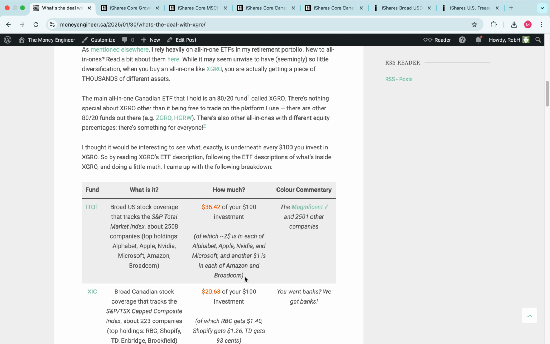So, you hear about the Magnificent Seven, you're excited about the Magnificent Seven, you're worried about the Magnificent Seven. Well, you got quite a bit of money in the Magnificent Seven when you buy XGRO. So, roughly, what is that? $2 here, so it's about $10 for every $100 that you invest in XGRO is going towards the Magnificent Seven.